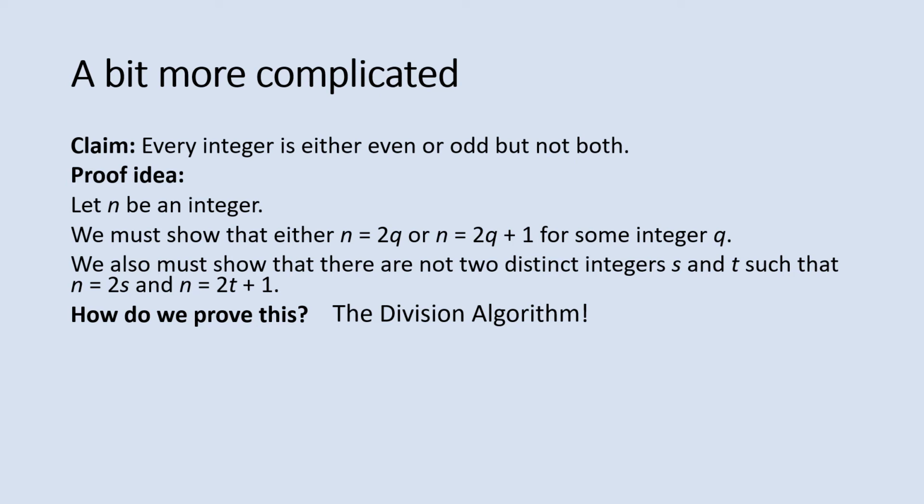And so the division algorithm, or the proof of the division algorithm, proves that every integer is either even or odd, but not both. So the division algorithm actually proves more than that. It goes beyond just this case. But this claim turns out to be a corollary, a subset of the claims that are made in the division algorithm. And so the idea is that this is a bit more complicated.